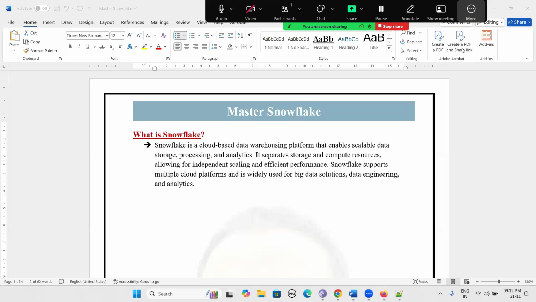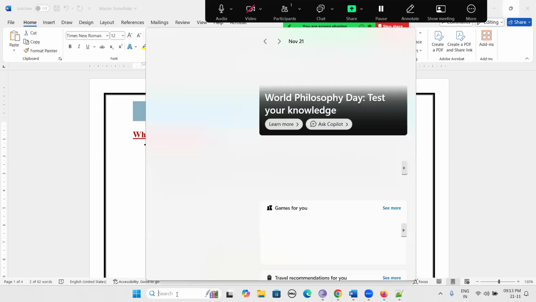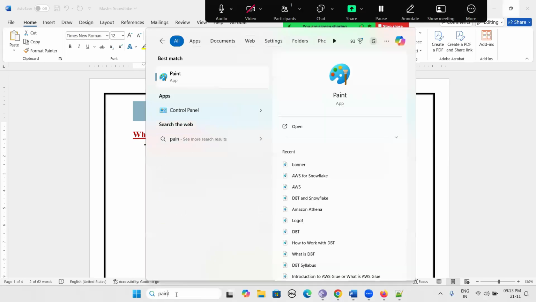So Snowflake is a modern cloud data warehousing technology. It supports unlimited storage. It supports data processing. It supports data analytics. It uses cloud technologies for storing the data and for processing the data. Let's discuss it diagrammatically so that we get a clear understanding.